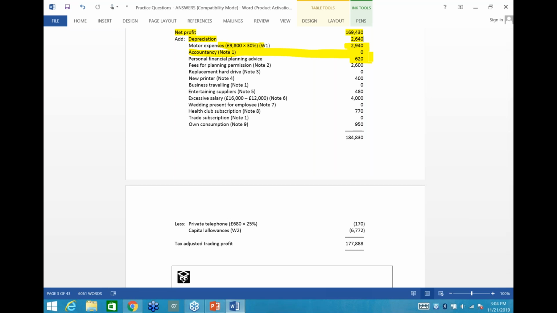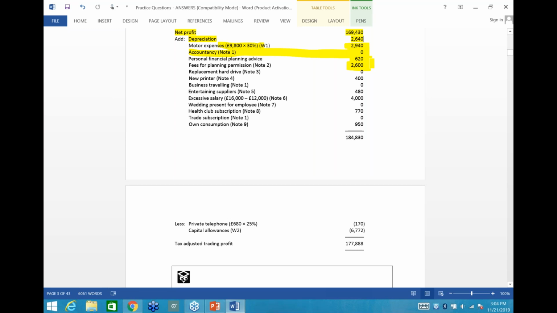Now that is a capital type of expenditure. Fees in connection with unsuccessful application for planning permission to enlarge Tony's freehold music shop. So that is a capital type of expenditure not allowed. Therefore, 2,600 you need to add back.